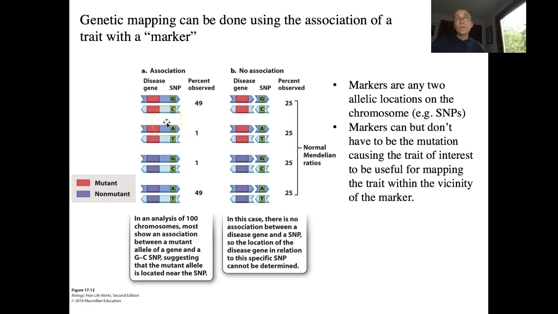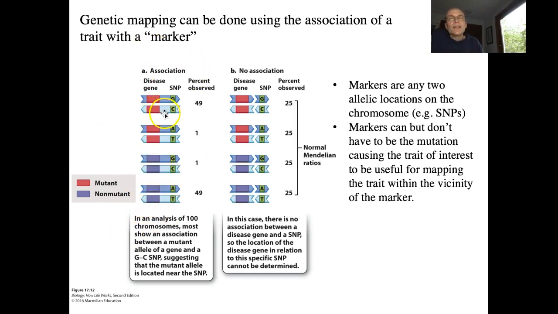And that does not happen very frequently if the location of the gene or SNP we're interested in is relatively close to the disease gene. So let's see what your book says. It says, in an analysis of 100 chromosomes, most show an association between a mutant allele of a gene and a GC SNP, suggesting that the mutant allele is located near the SNP.